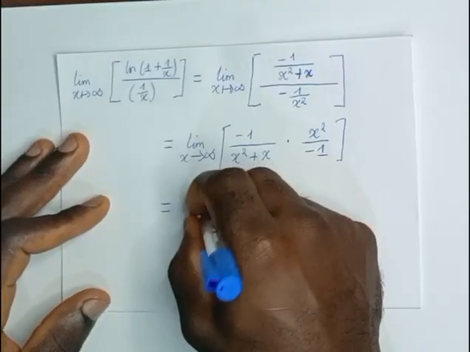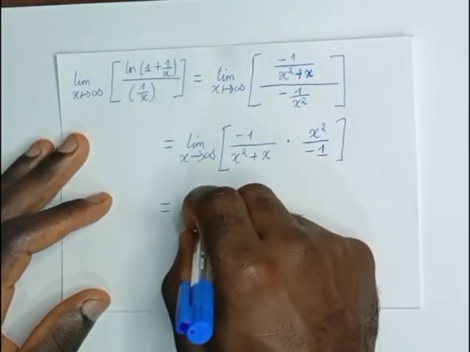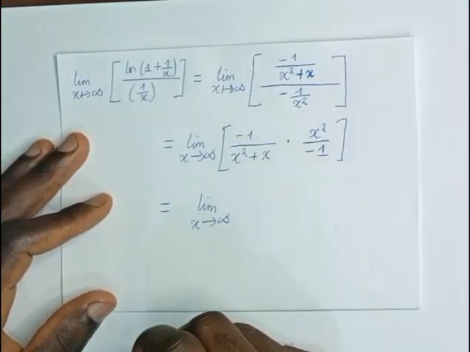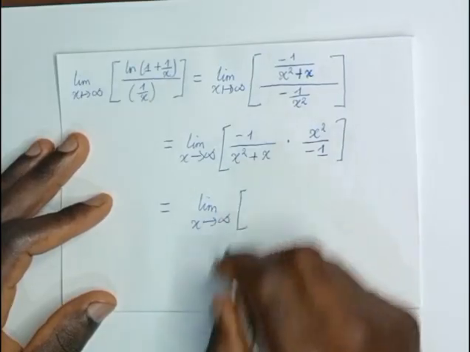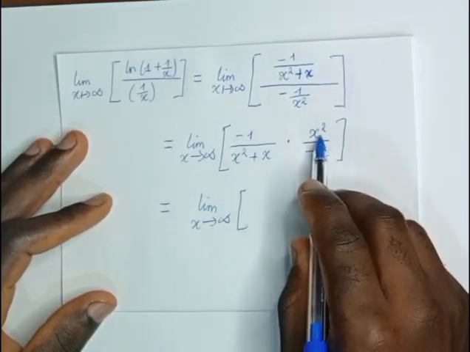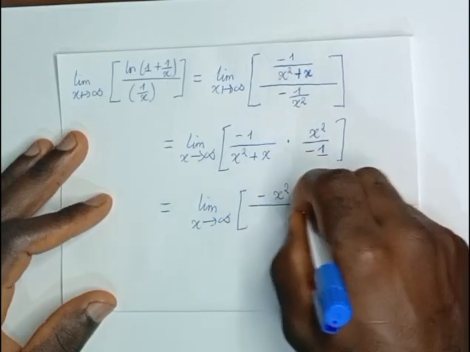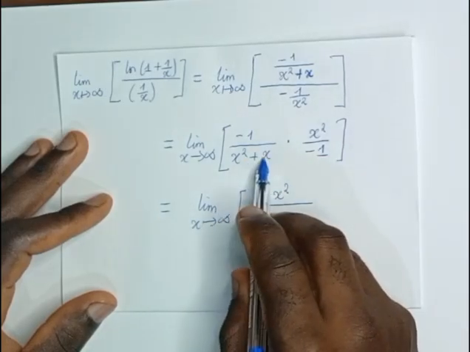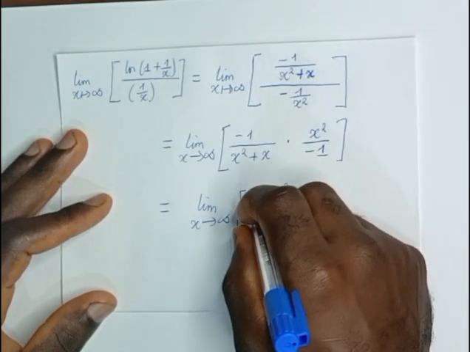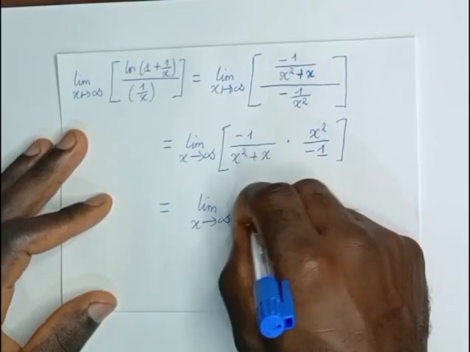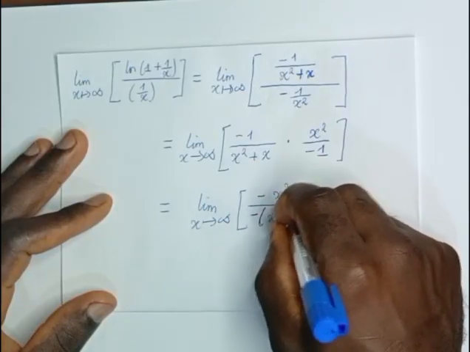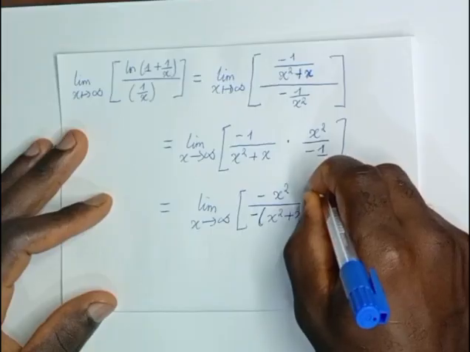This will simply be equal to the limit as x tends to infinity of negative 1 times x squared gives us negative x squared, all over x squared plus x times negative 1 gives us negative x squared plus x.